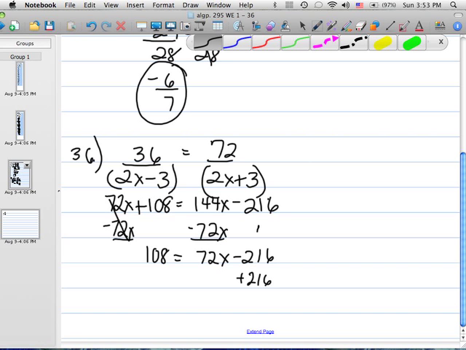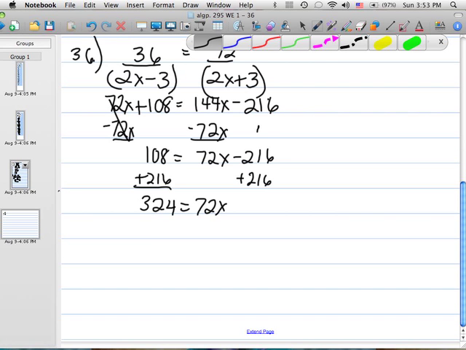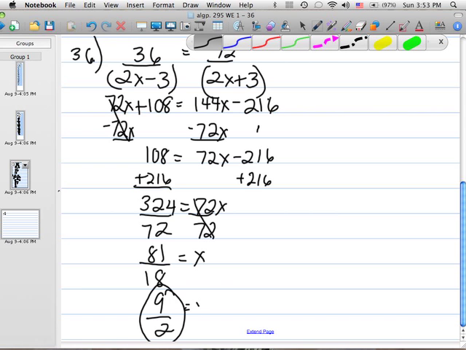Add 216 to both sides, solve for x. We get 324 equals 72x. Divide by 72. We can try 4. 4 goes in the top 81 times, and 4 goes into 72 18 times. And we can see 9 goes into 81 9 and into 18 2, so our answer is 9/2.